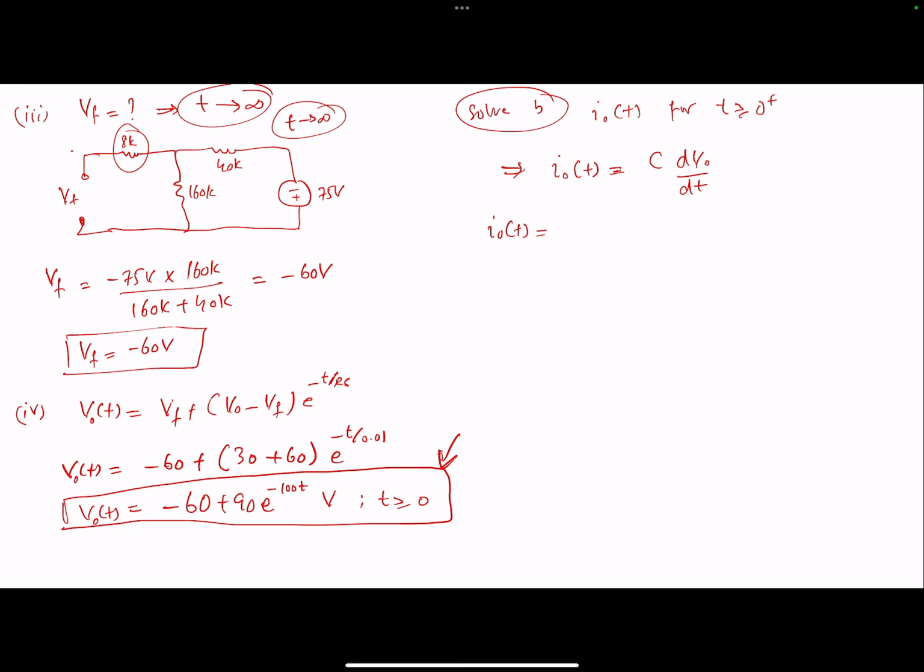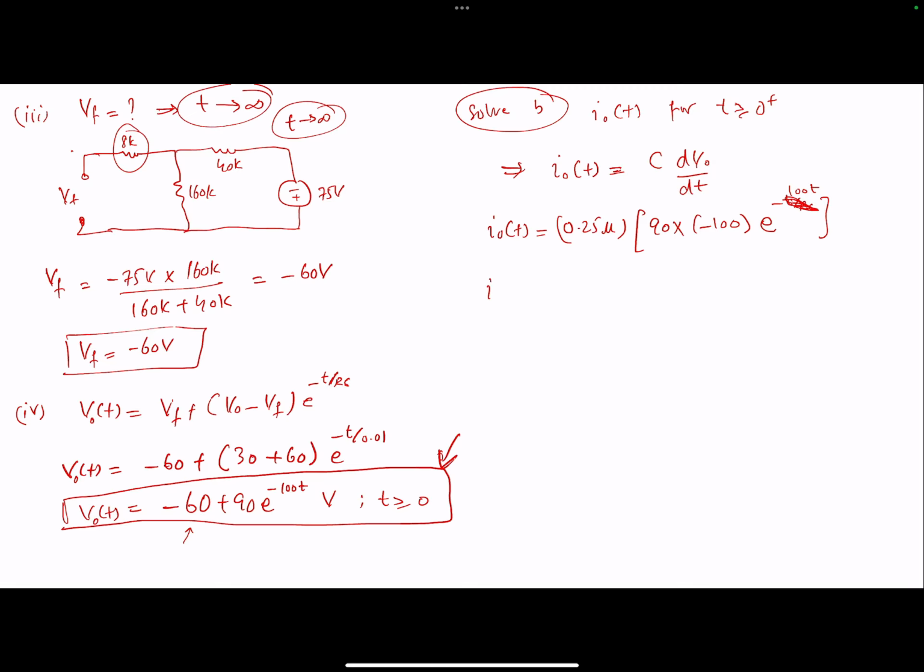So I naught of t equals capacitance, which is 0.25 microfarad, times the derivative of V naught. Minus 60 is going to come out to be 0. And then you're going to be left with 90 times minus 100 e raised to power minus 100t. Of course, you're going to replace RC by 0.01 seconds.